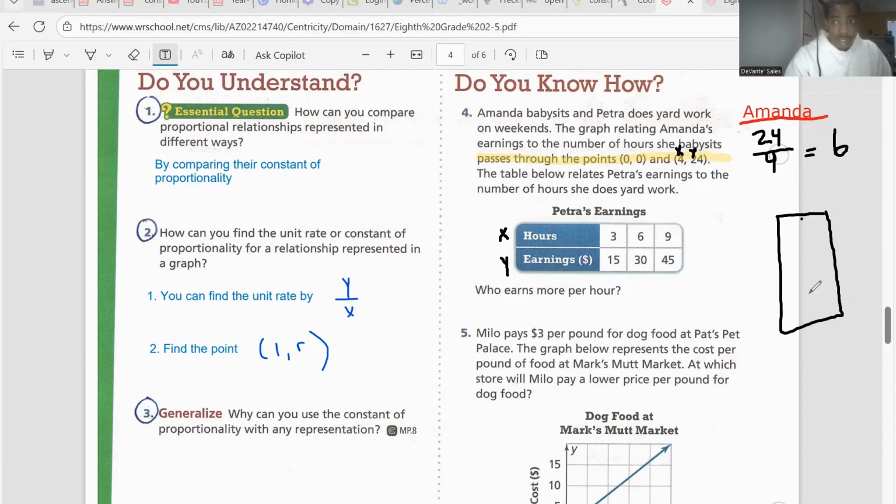If they wrote it vertical, it would be 3, 6, 9, and then 15, 30, and 45. That's a very ugly 9, but I'm going to fix it.